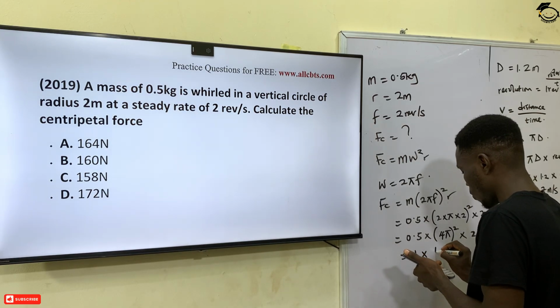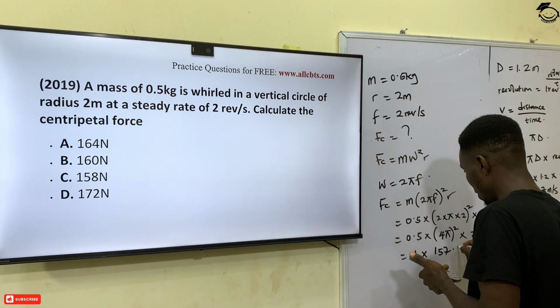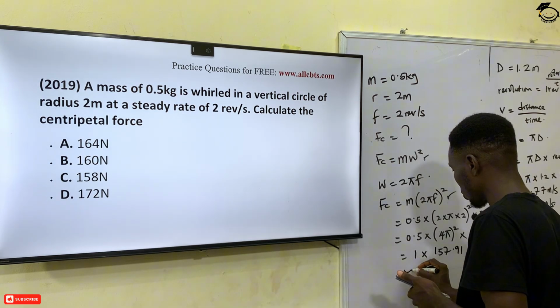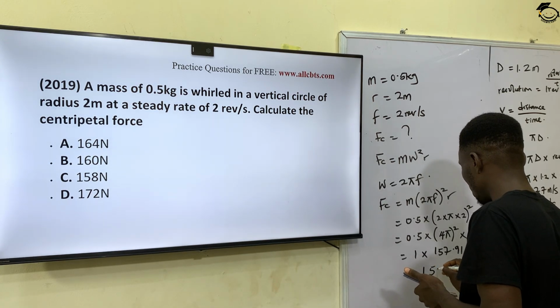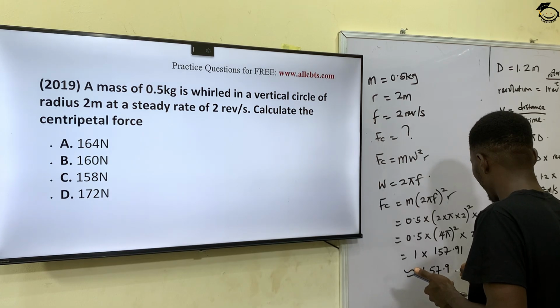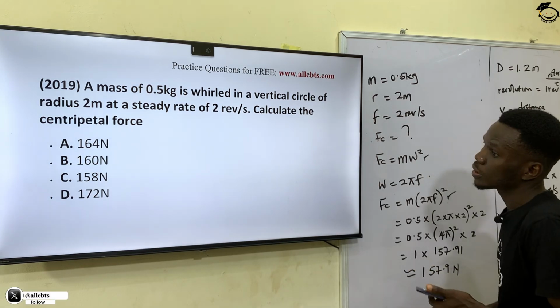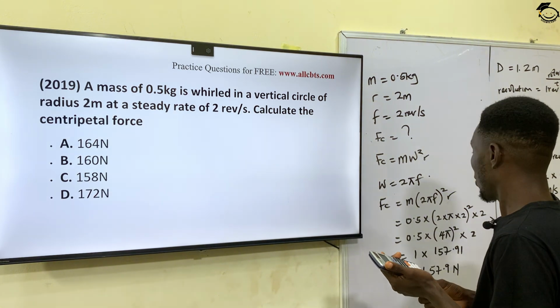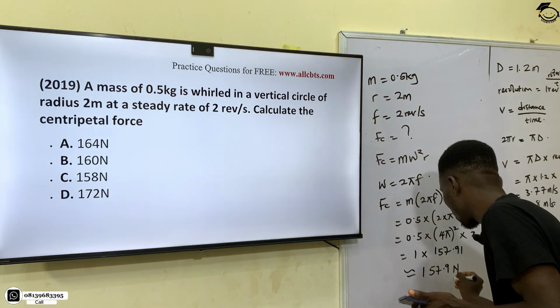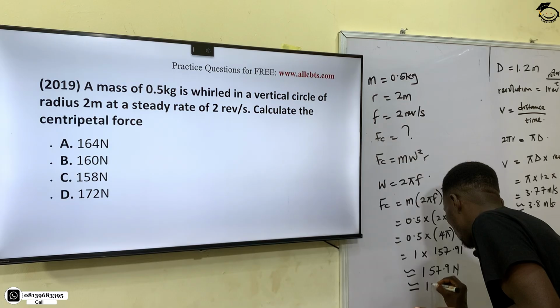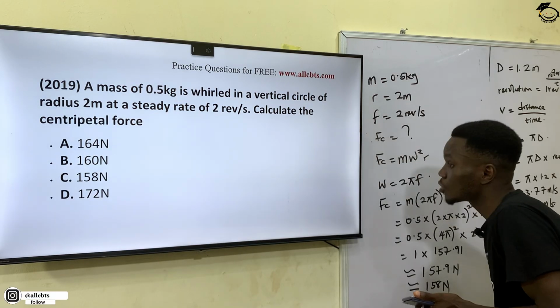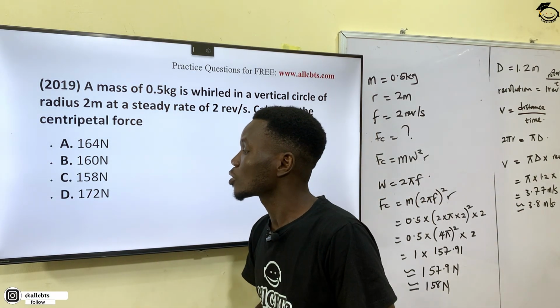So that's 157.91, which is approximately 157.9 Newton. So the centripetal force is 157.9, or if you round it up to whole numbers, you're going to have 158 Newton. So the correct answer to this question is option C.